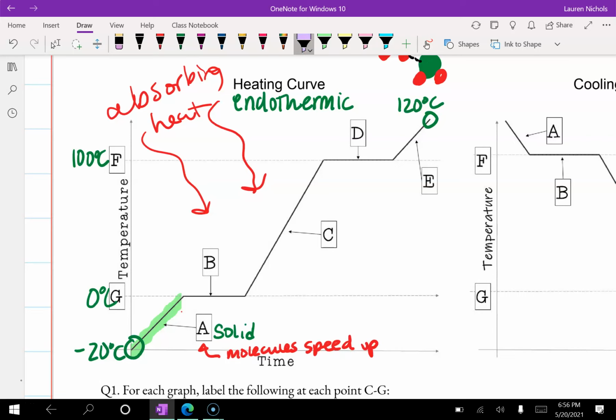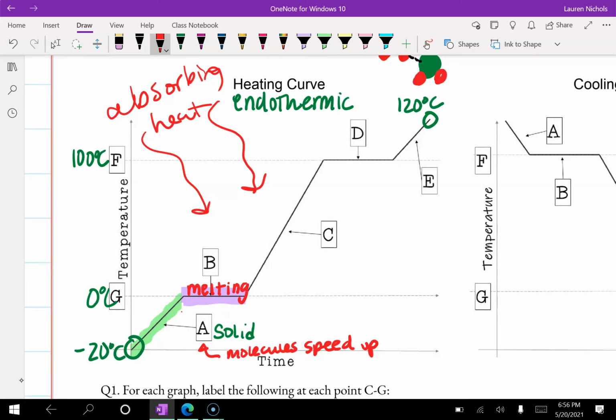Now, as soon as it gets to 0 degrees right here, this process, for that entire time, the temperature doesn't change. And that's because instead of the molecules speeding up, which is what the temperature measures, the speed stays the same and the energy is used to break the intermolecular forces. So what you have here is your solid starts to melt.